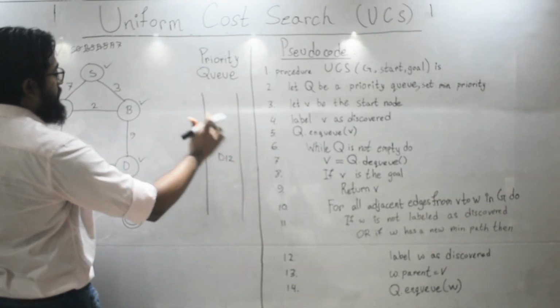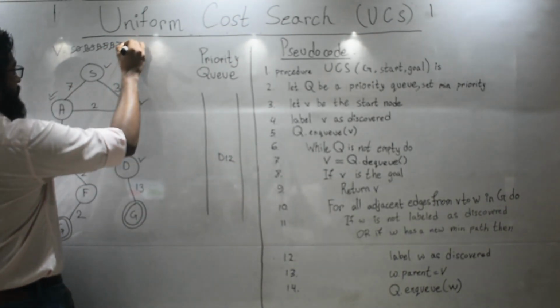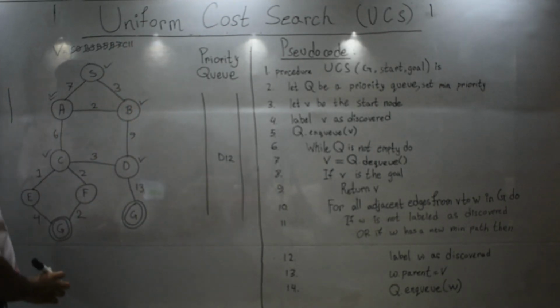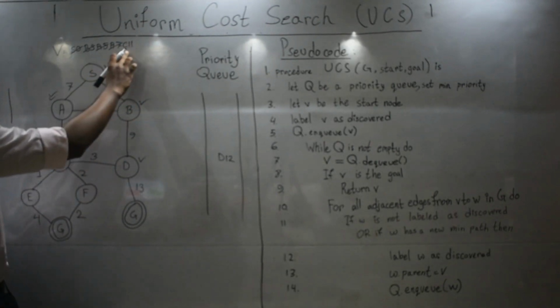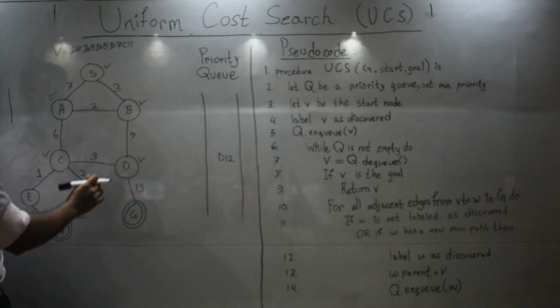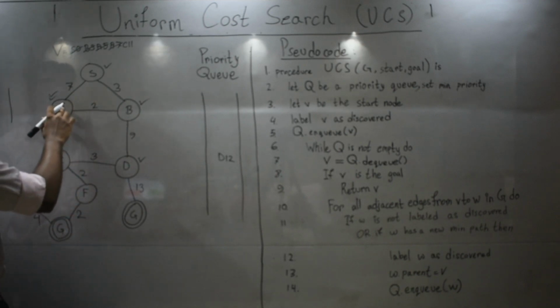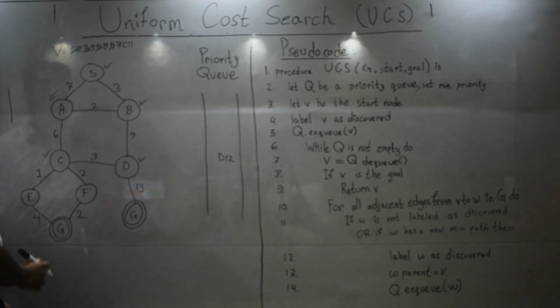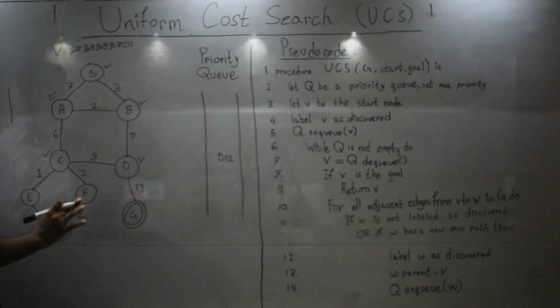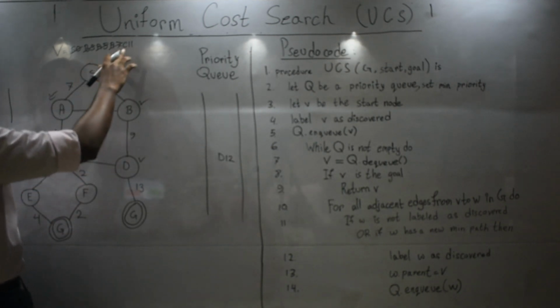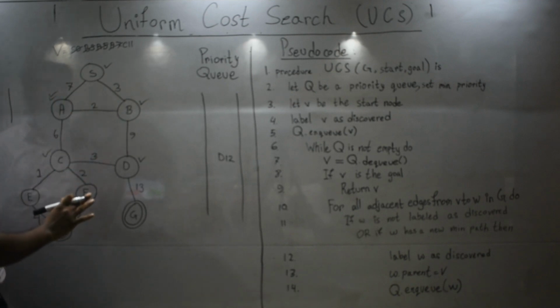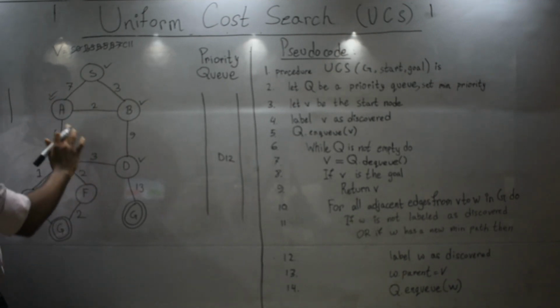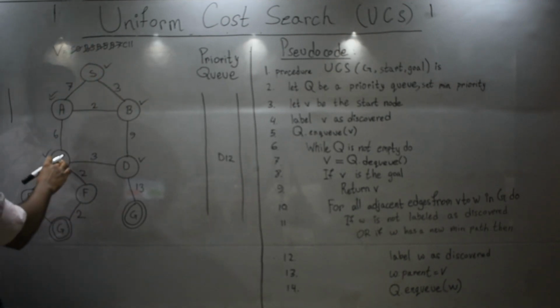C11. Okay. C has neighbors A, D, E and F. Let's check for A. It doesn't make sense to traverse through this path and add 6 more, 11 plus 6, 17 for A. A already has a value of 5.